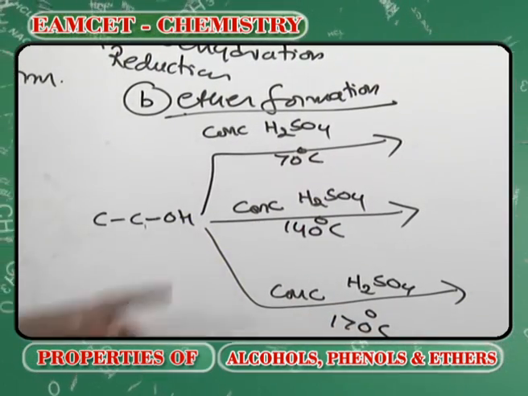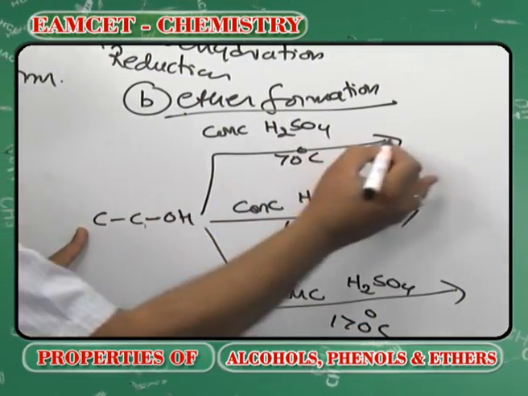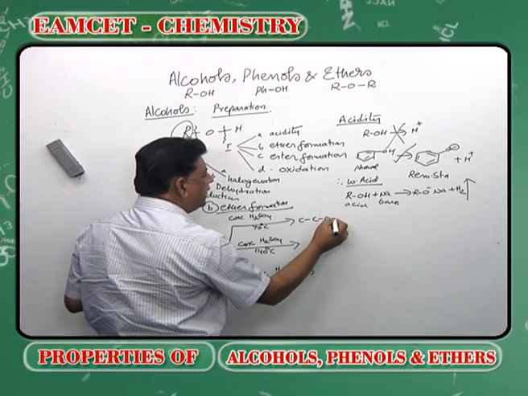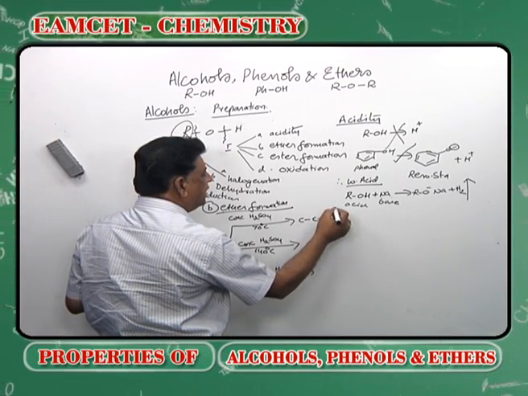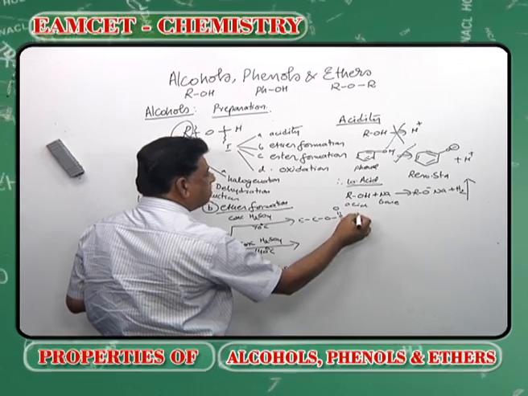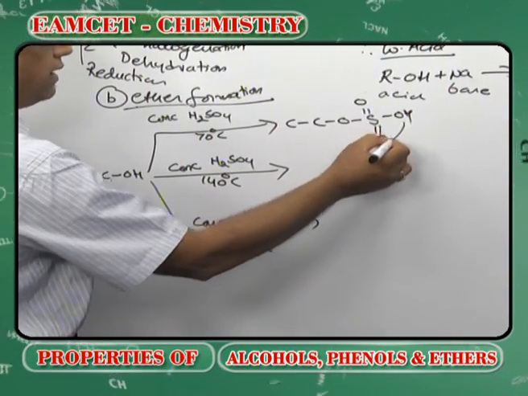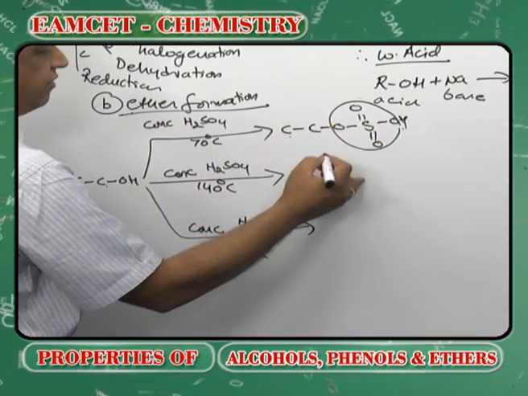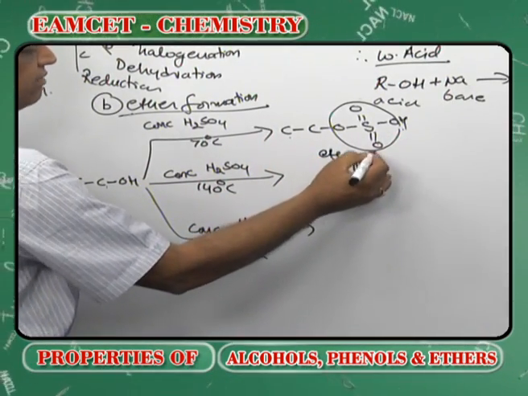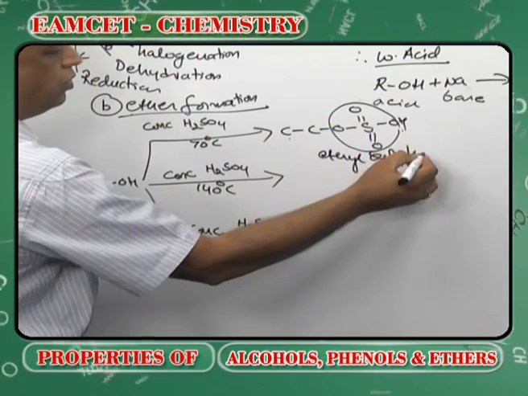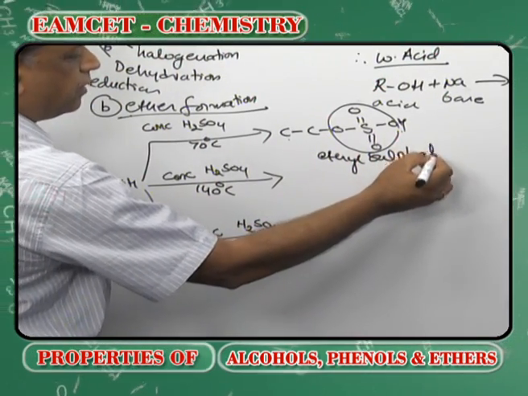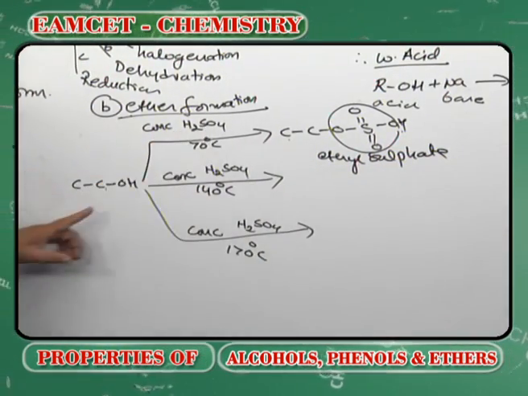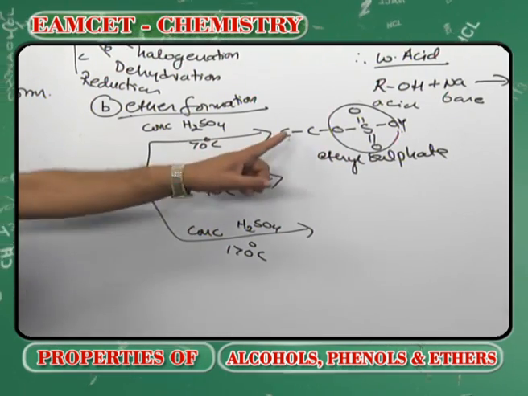Now, at 70 degrees centigrade, ethanol converts into ethyl hydrogen sulfate. This part is called sulfate. What is going to happen here? The sulfuric acid OH and the alcohol OH eliminate water.